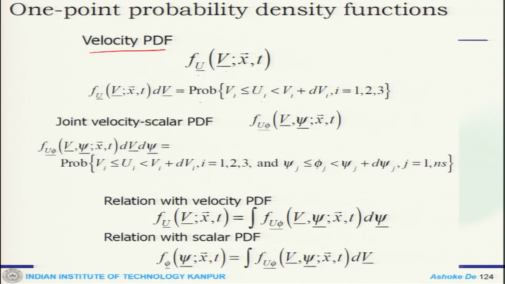The joint velocity scalar PDF depends on both u and phi. The pure velocity PDF can be obtained from the joint velocity scalar PDF by integrating over d psi, and the scalar PDF can be obtained by integrating the joint PDF over the velocity variable.